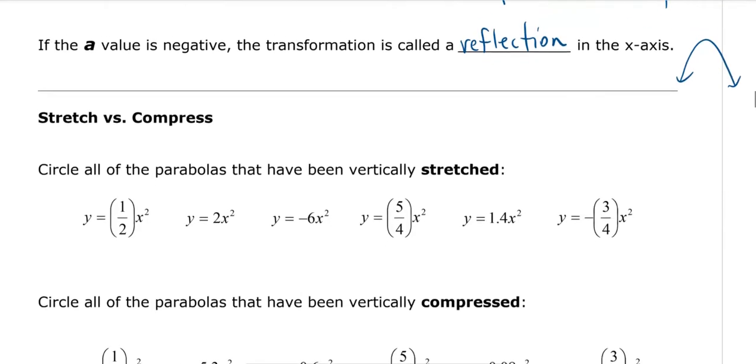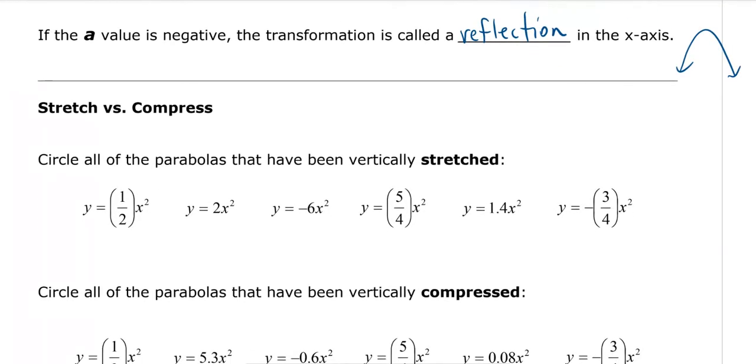So which of these parabolas have been vertically stretched? If you look at parabolas that have an A value greater than 1, here we have an A value of 2, so that's a stretched parabola. This one here also has been stretched because the A value is 6.